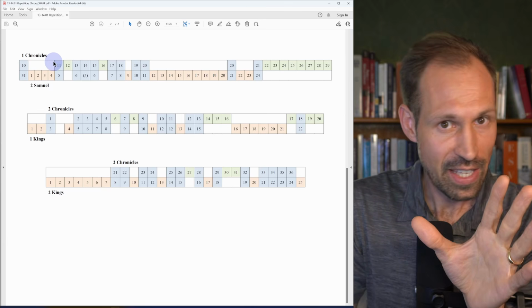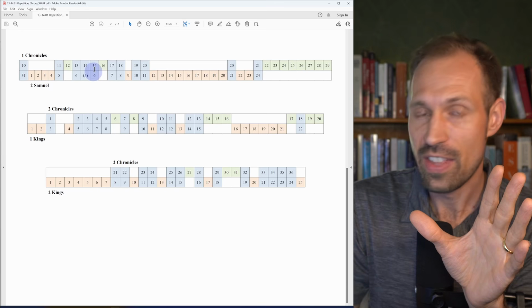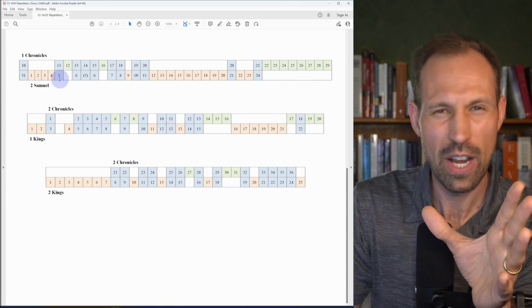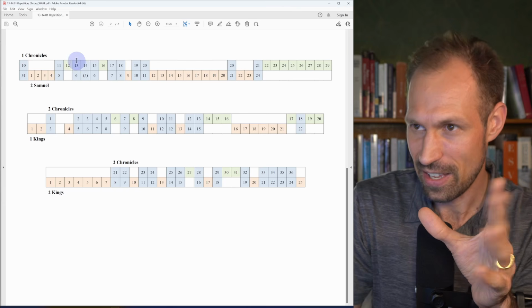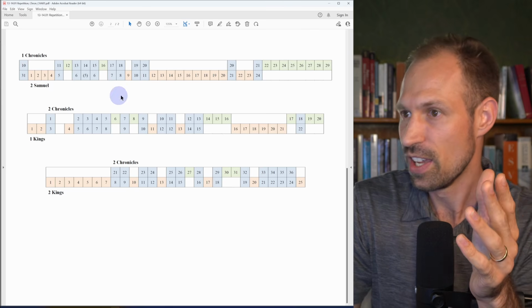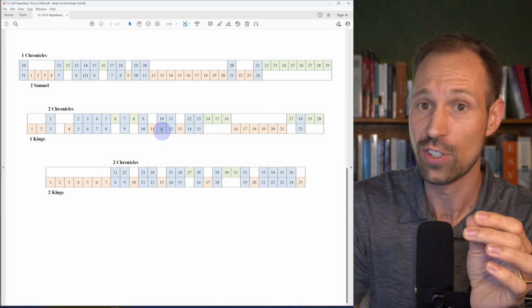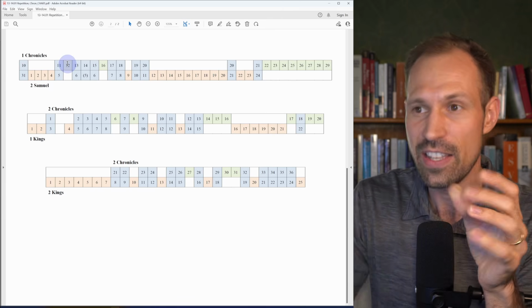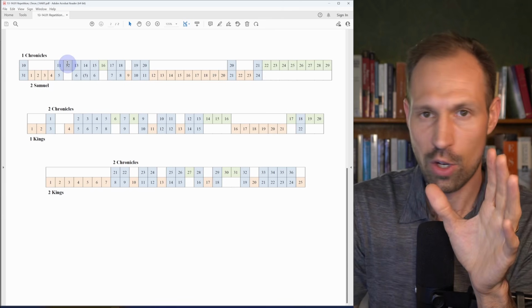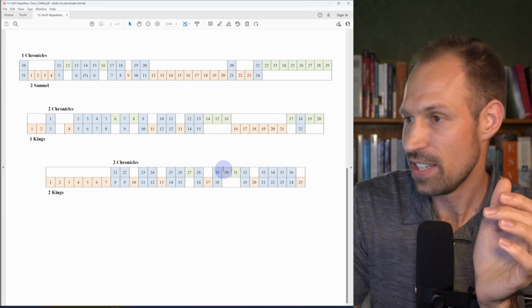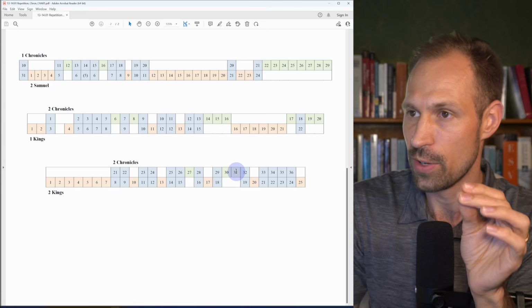And remember, our key, blue, these are all of the narratives or the chapters that Chronicles is just going to take right from Samuel or from Kings. 1 Chronicles 13 matches 2 Samuel 6. 2 Chronicles 10 matches 1 Kings 12. But then these moments in green, these are additions where the chronicler is going to add 1 Chronicles 12. He's going to add 2 Chronicles 30 and 31.